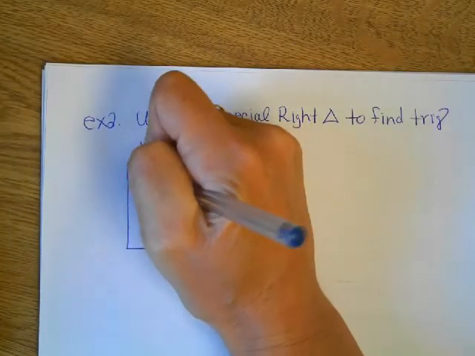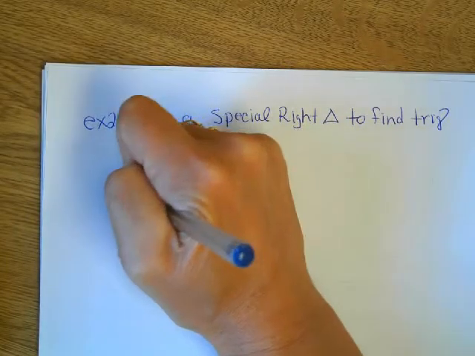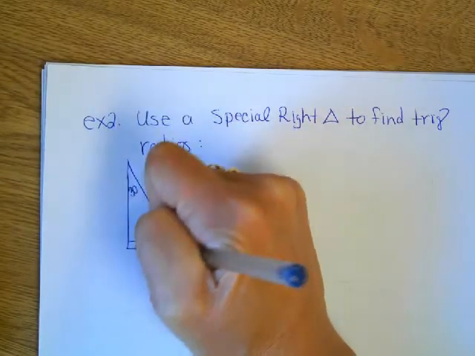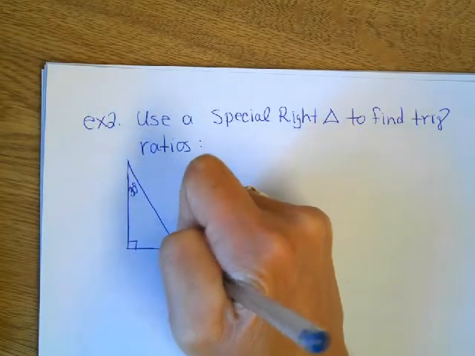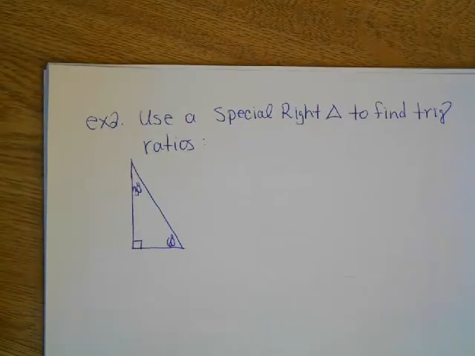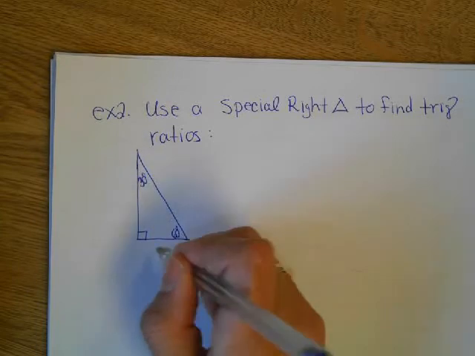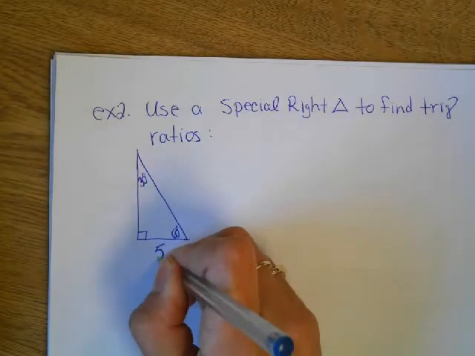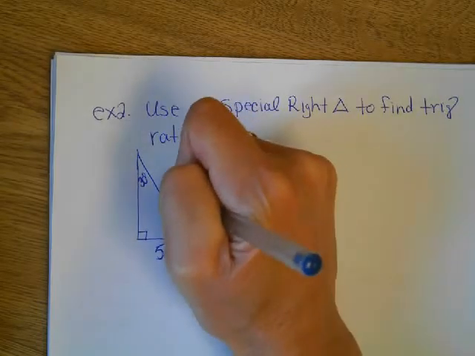Let's go with the 30, 60, 90 triangle. 30 will be across from the short leg, 60 is across from the long leg, and then we have our hypotenuse. If you can remember the ratio of the sides, we called the short leg x. I'm just going to pick a number there; it doesn't matter what I pick. Say, 5. Remember, the hypotenuse was double that short leg, so that puts a 10 here.